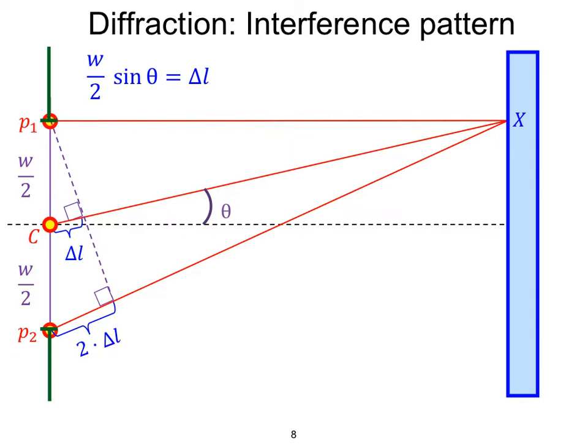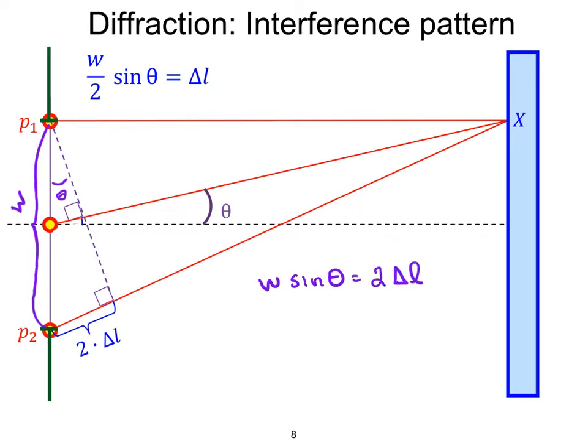So the path difference between ray P1 and the center ray is the same as the path difference between the center ray and ray P2. This means that the path length difference between ray P1 and ray P2 is just 2 times delta L. This means that we could say that W sine theta equals 2 times delta L, where we are still measuring the angle theta from the center line, whether or not the ray emanating from the center line is blocked.